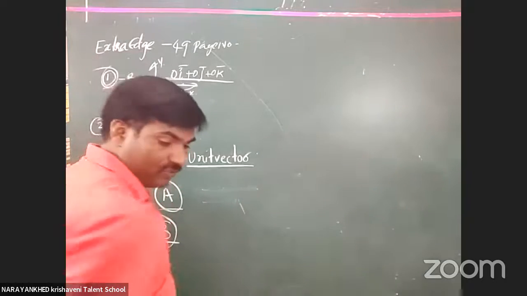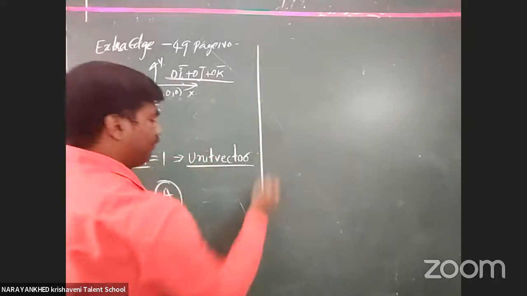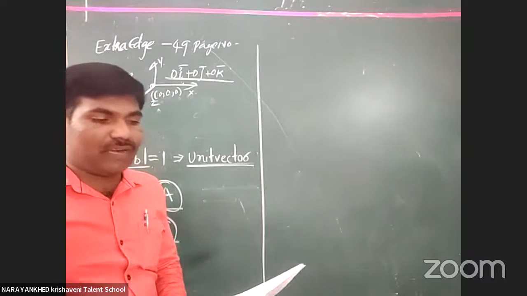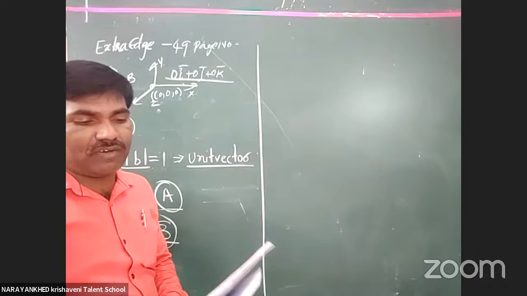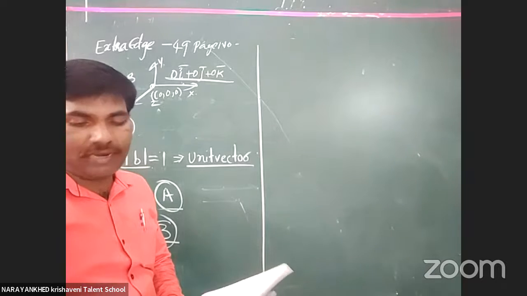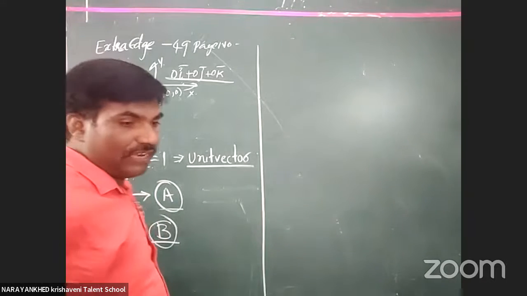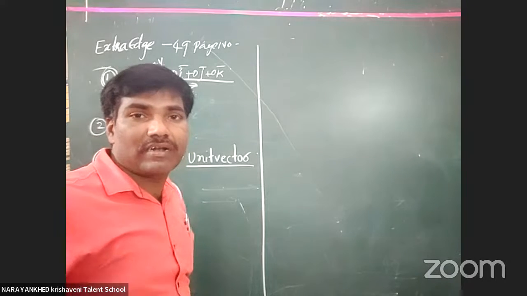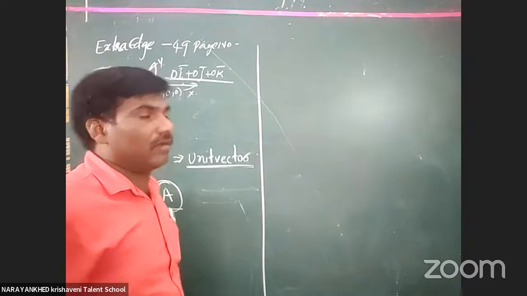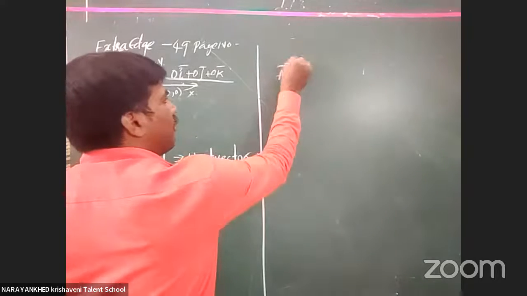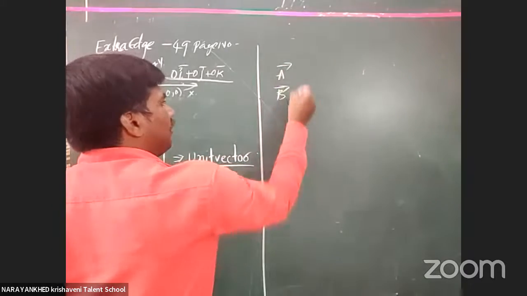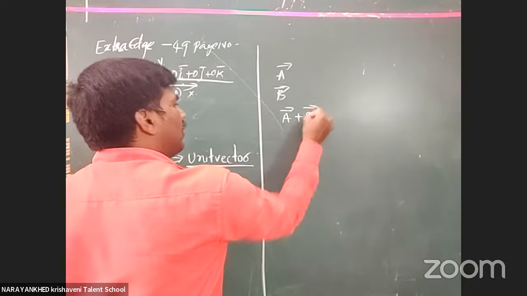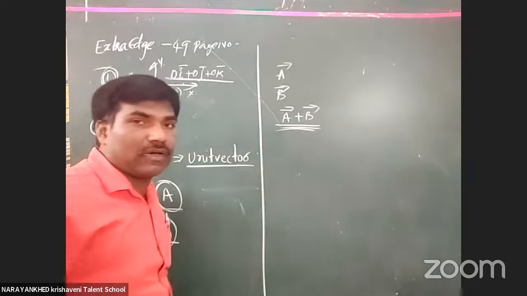Next, sixth question. Addition of 2 vectors to get a single vector is termed as resultant vector. When we add 2 vectors, that vector is called what? Resultant vector. Suppose we take A bar, next we take B bar. A bar plus B bar is called the resultant of these 2 vectors.